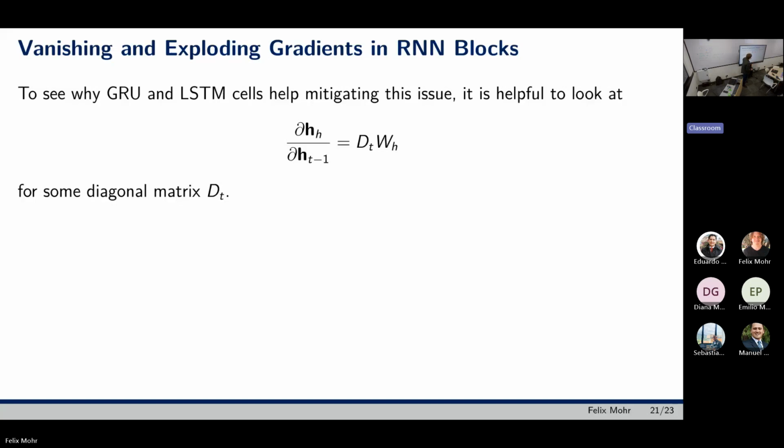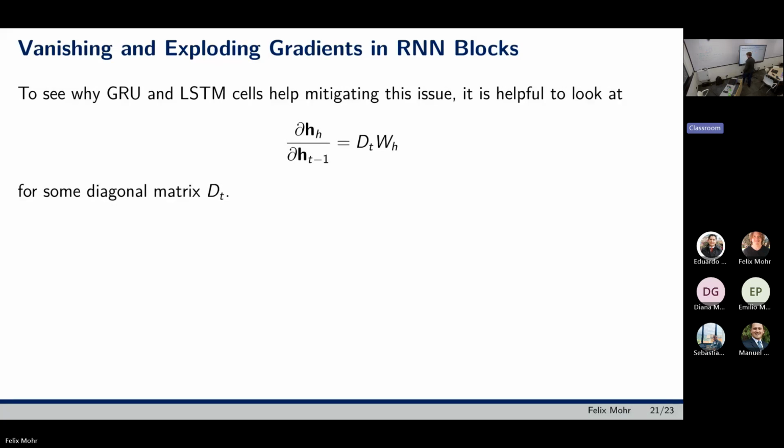Now, if I see this, then this is the same argument, because in my backpropagation path I have to multiply this derivative several times, one for each of tau times. That means that in the beginning, I again have this to the power of tau.